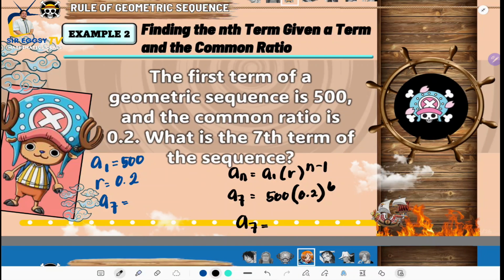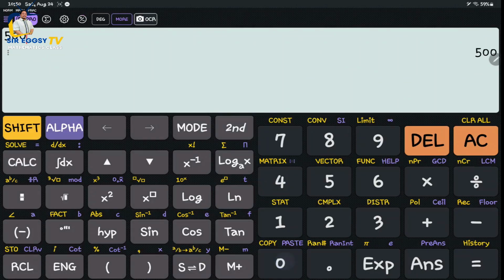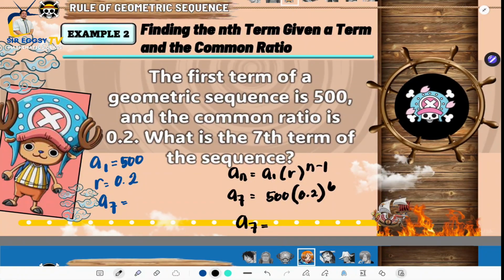So therefore, a sub 7 is just equal to 500 times 0.2 raised to 6, which will give us 0.0064. And that is the value of a sub 7.